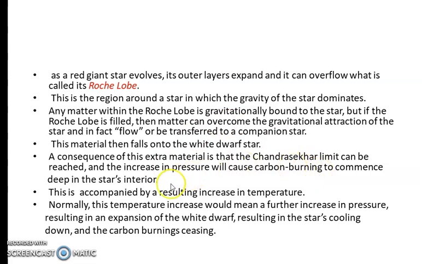So that causes an increase in temperature. So this increase in temperature will increase the pressure, resulting in the expansion of the white dwarf. But when it expands the temperature decreases, the star cools down, and the carbon burning stops.